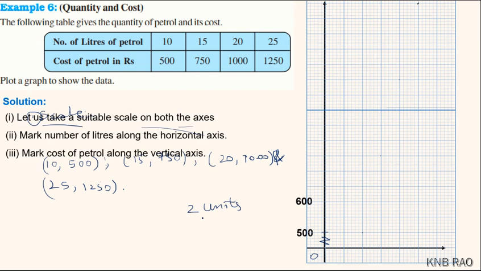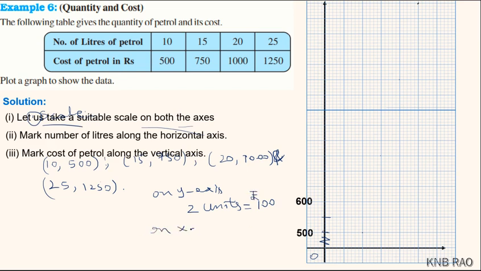That means that's up to us. Here if I consider this as 1 unit, then 2 units on the y axis is equal to 100 rupees.